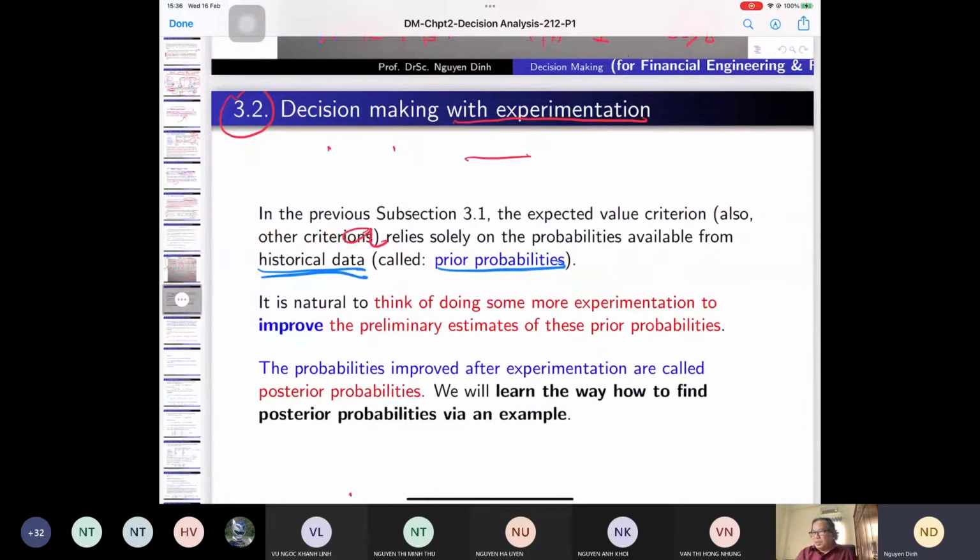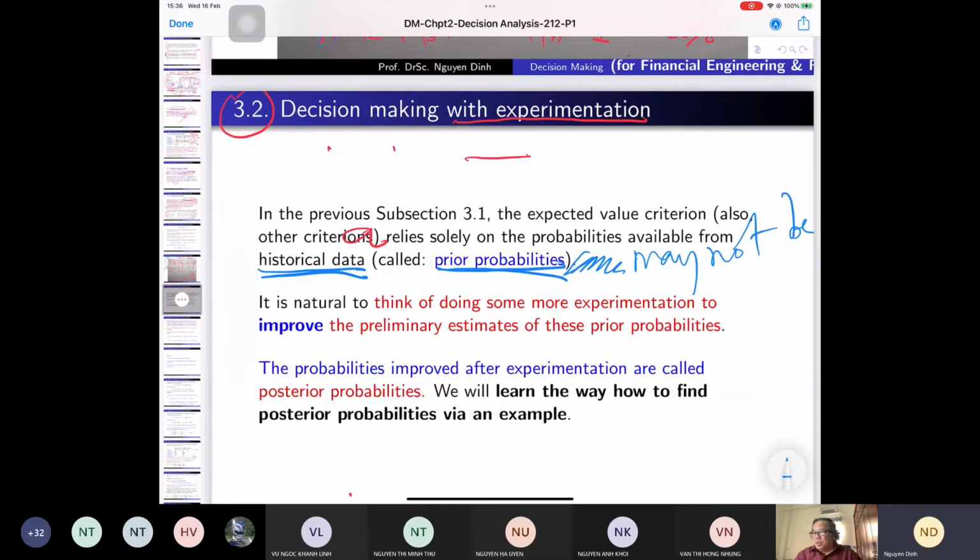With experiments. So now what we want is this, which comes from the old data. It may not be exact, something reliable or something like this.